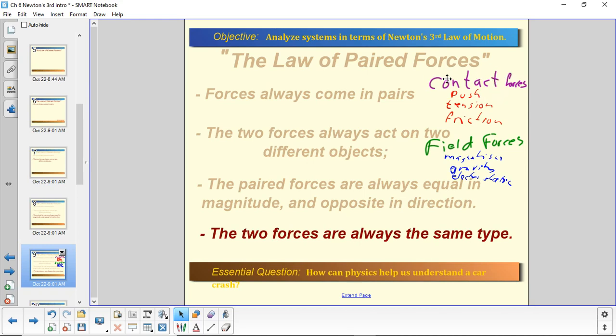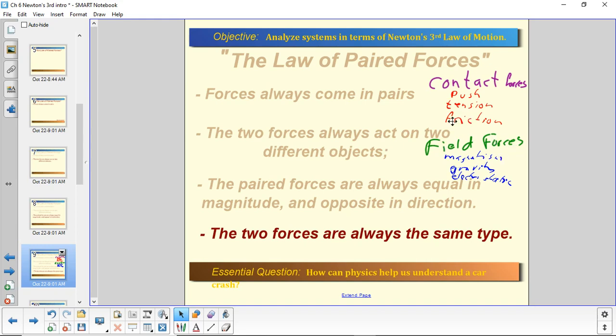Then there's a contact force when they're in contact and the force exists. So pushes and pulls between solid objects, tension in a string, pulling on something, that's another type of contact force. It's also the tension that exists between the fibers within the string or the rope. And finally, friction, when you're trying to slide something across a surface. The friction only exists when the two objects are actually in contact with each other.